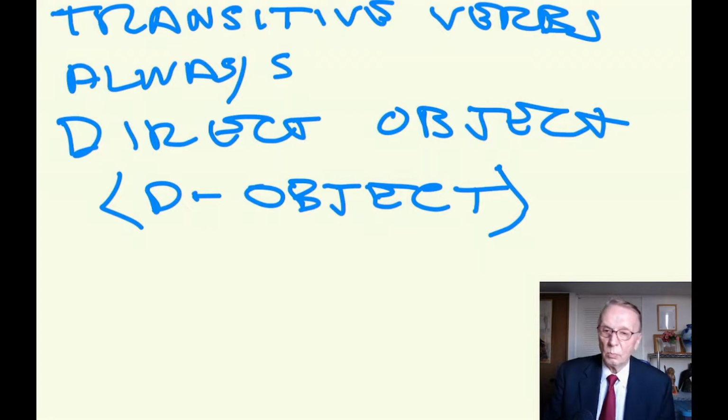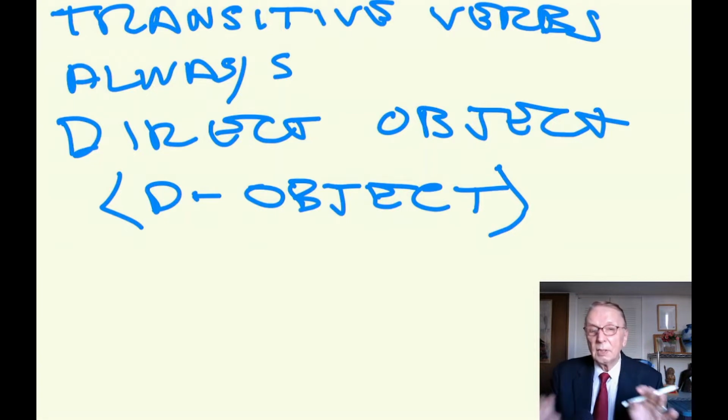We can do that with read too, because I read every day, that's intransitive. But if you put a direct object on it, it becomes transitive. For example, I read a book every day. So the book receives the action of reading. So it's very important: if a verb has a direct object, it's a transitive verb.